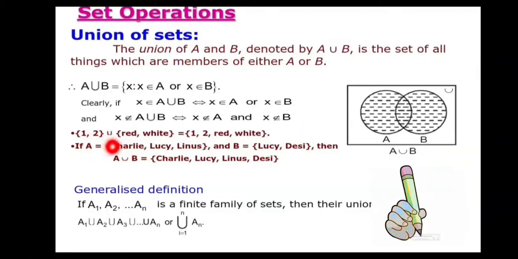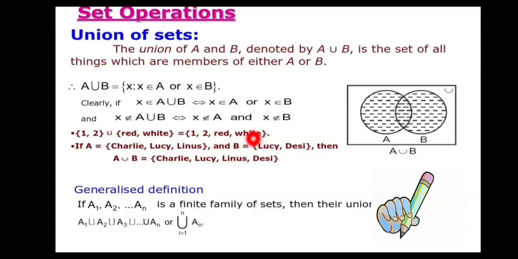The set 1, 2 union red, white, which means join all the elements of the set and write it once: 1, 2, red and white. Here you see one more example. If A equal to Charlie, Lucy, Linus and B equal to Lucy, Daisy, then the A union B, how can we write?